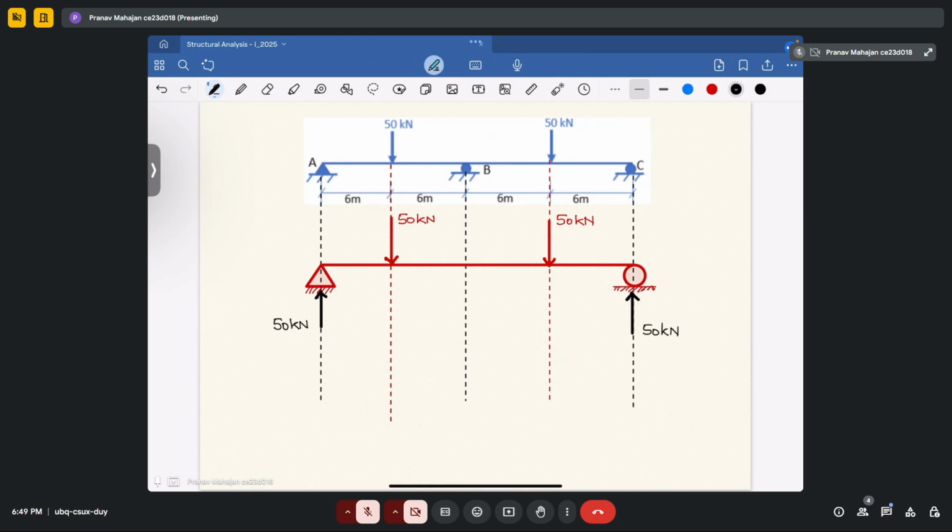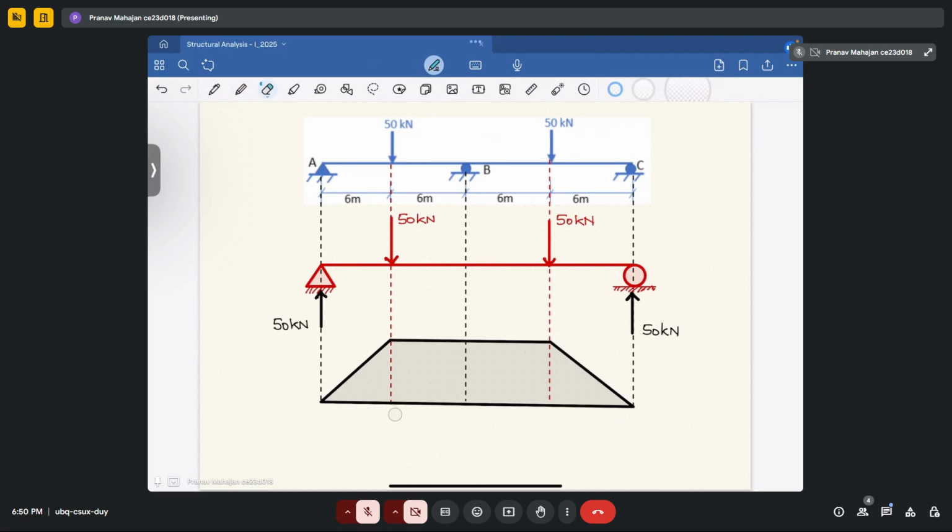Now let's draw M upon EI diagram for this case. So how it will look like? Since it is a concentrated force, your bending moment diagram will be linear. Like this. Okay.